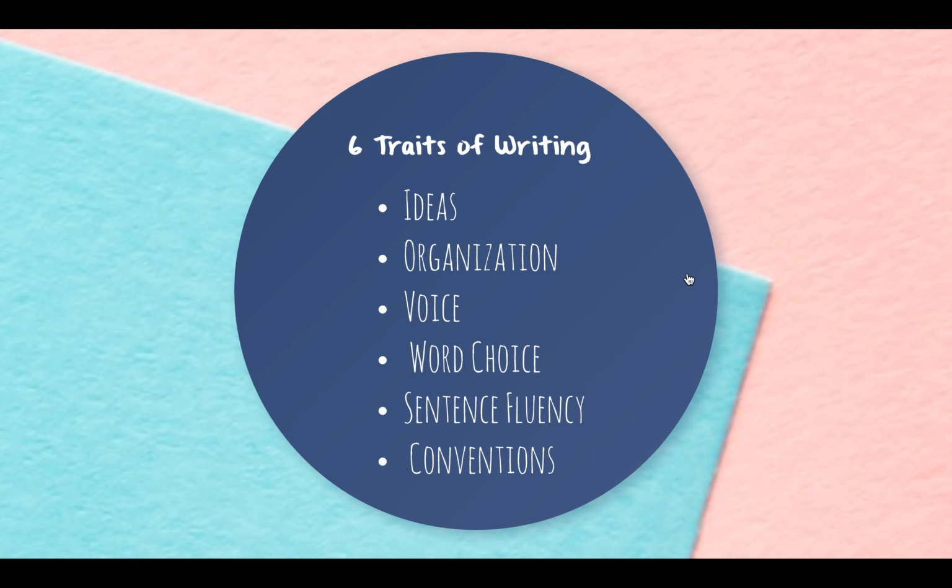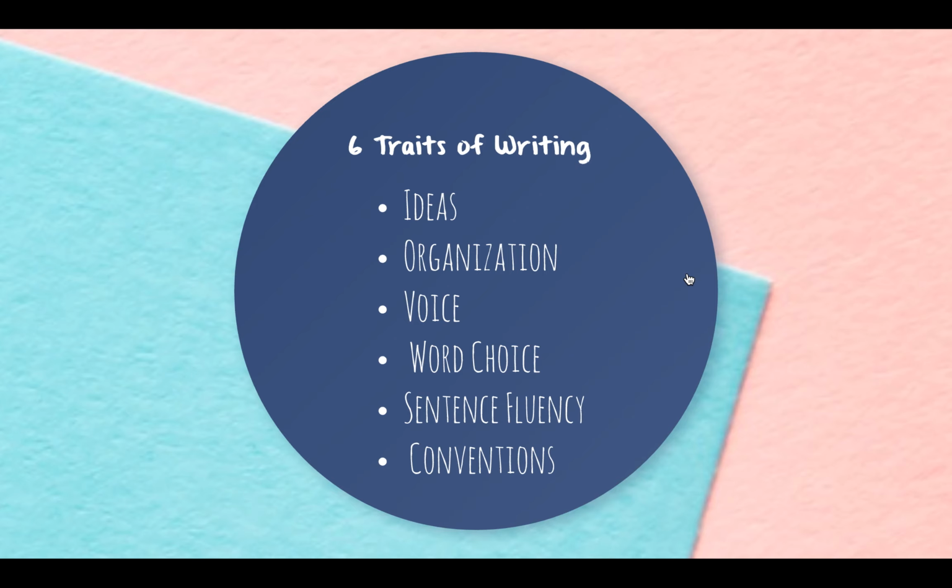And you can do this in webs, brain clouds, whatever works for them in their style. But you just want them to be able to get out as many ideas as they can, so that then they can organize their ideas.